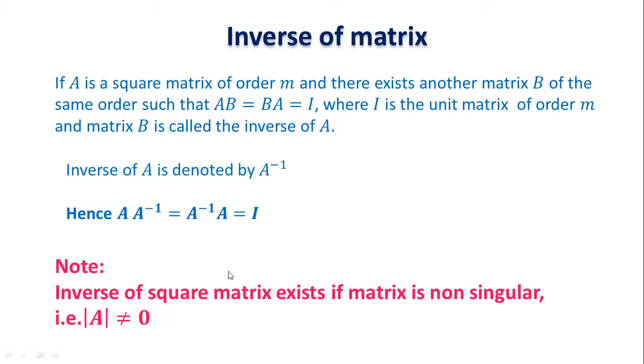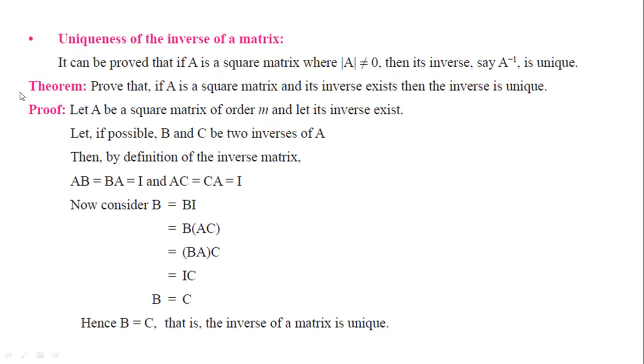Okay. Now let us discuss another point. There is a theorem, or theoretical proof, given for the uniqueness of the inverse of a matrix. For a square matrix, if it is non-singular, then the inverse exists and it is a unique inverse.